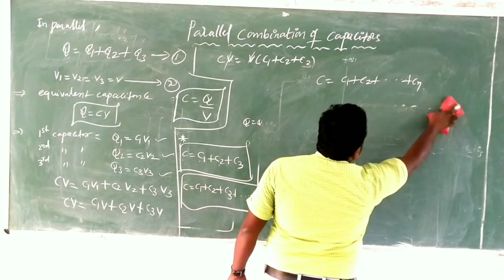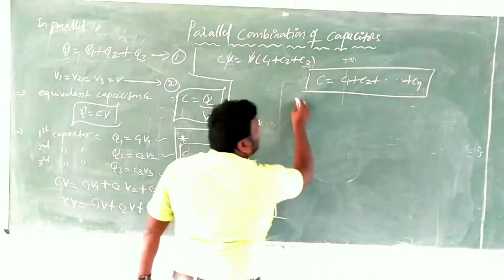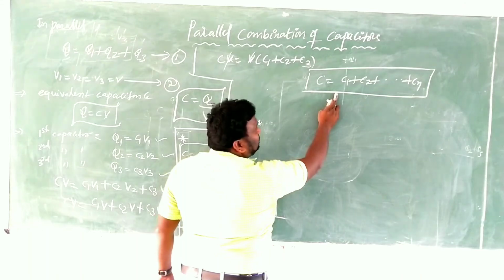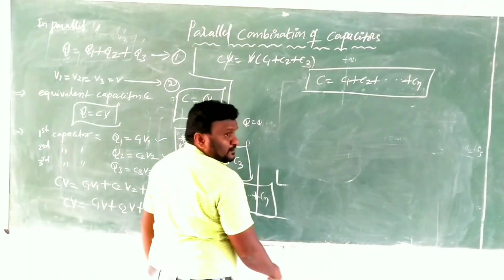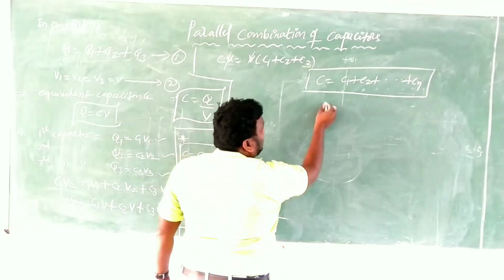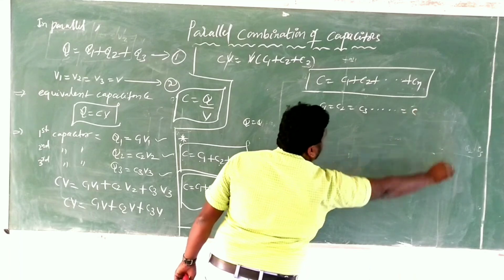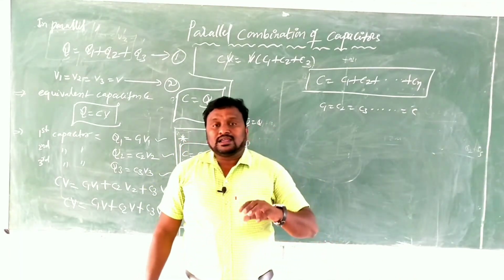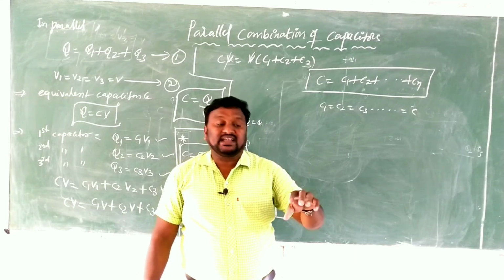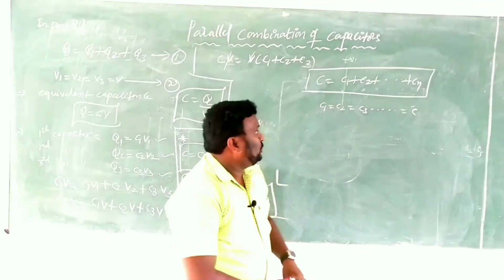And second thing is, C is equal to, sorry, C is equal to C1 plus C2 plus and so on, Cn. Then here we will take C1 is equal to C2 is equal to C3 is equal and so on, that is equal to C. That means all capacitors have equal capacitance value.